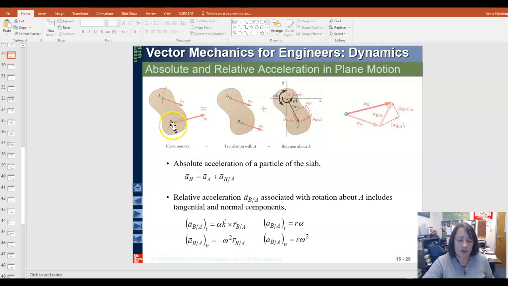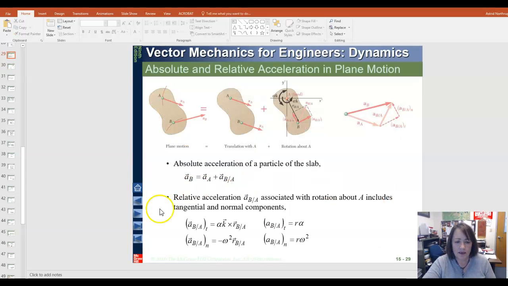The acceleration of point B can be thought of as the acceleration of point A plus the acceleration of B with respect to A. So we can translate this into an acceleration of point A, which is purely in translation, and then a rotation about A of point B.